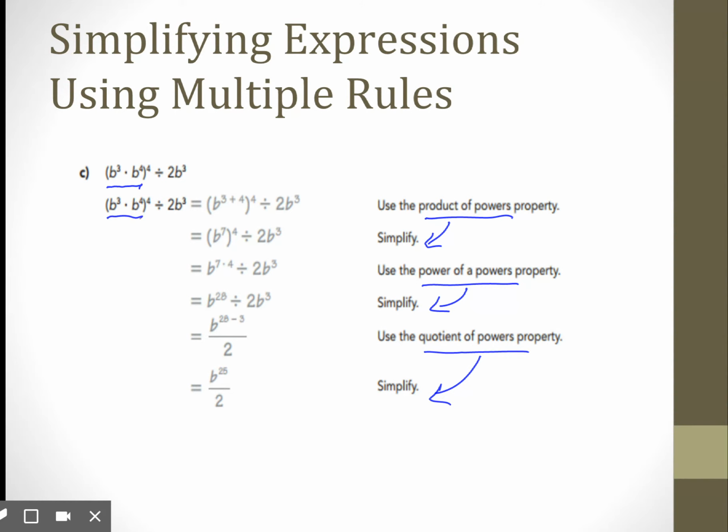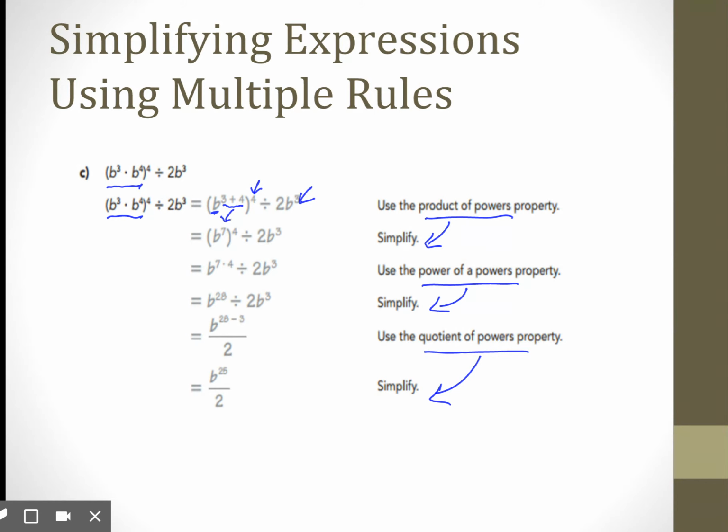So b to the third power times b to the fourth, I'm simply keeping my base of b and adding my exponents of 3 and 4 because that's the product of powers property. I'm keeping that exponent of 4 on the outside, and I haven't touched this 2b to the third power yet. So simplify, this becomes b to the seventh power.